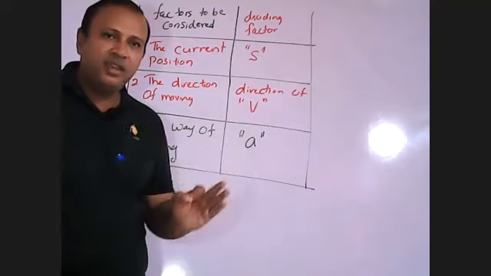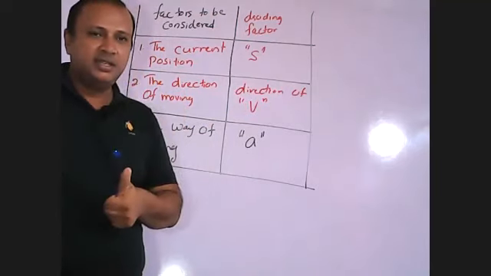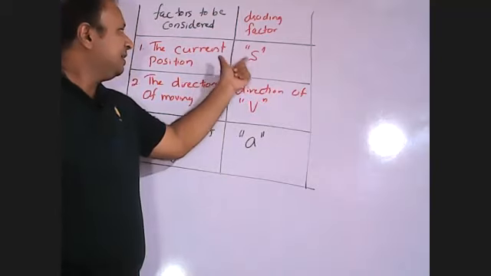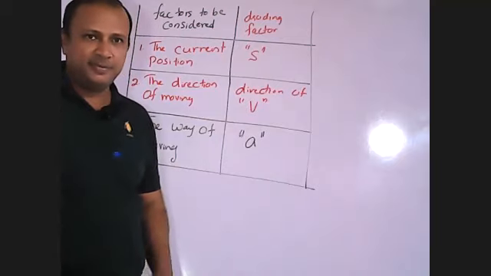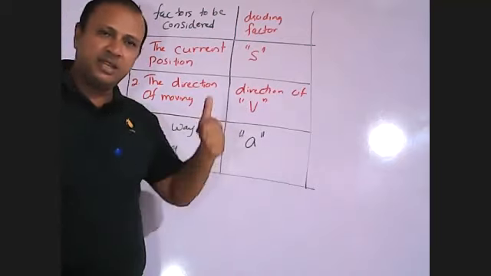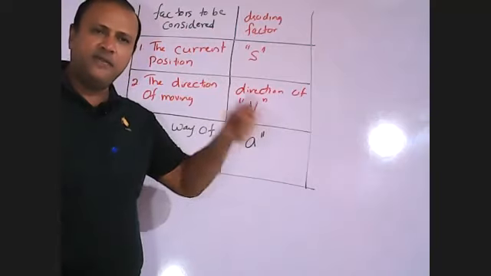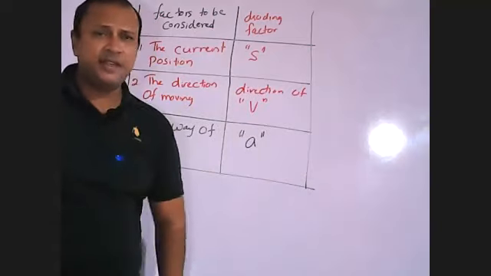If we take a graph, there is only one factor, either displacement or velocity or acceleration. If you consider an ST graph, there is only S. If you consider a VT graph, there is only V. If we consider an AT graph, there is only A.